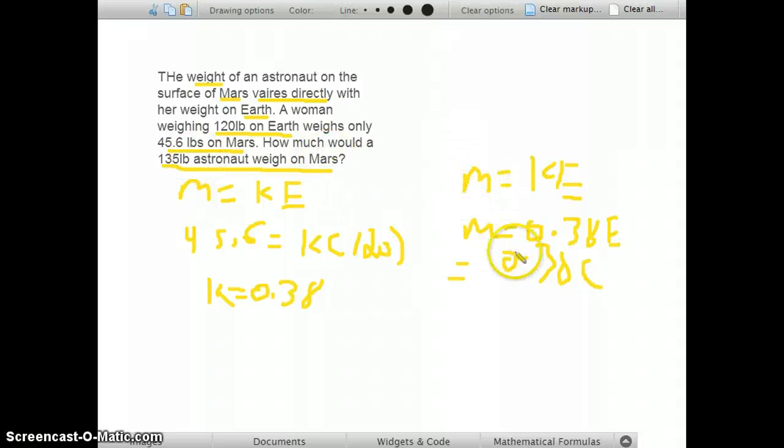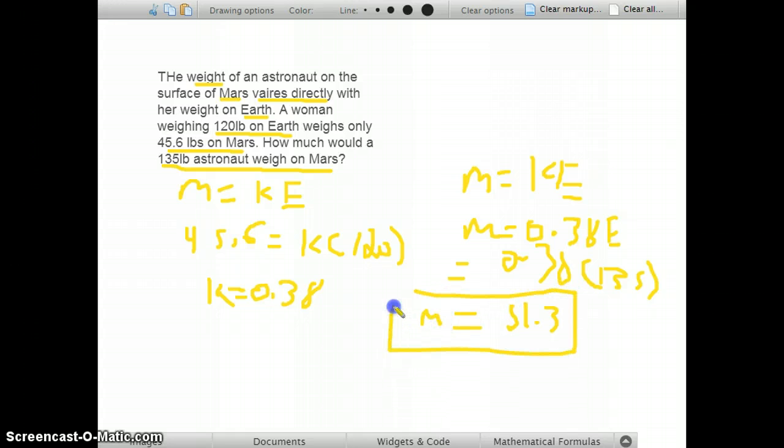So Mars would be the unknown, the thing we're trying to figure out. So we multiply 0.38 by 135, and we get M equals 51.3. So in other words, on Mars she would weigh 51.3 pounds.